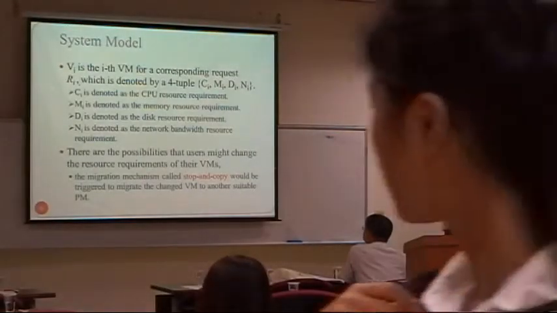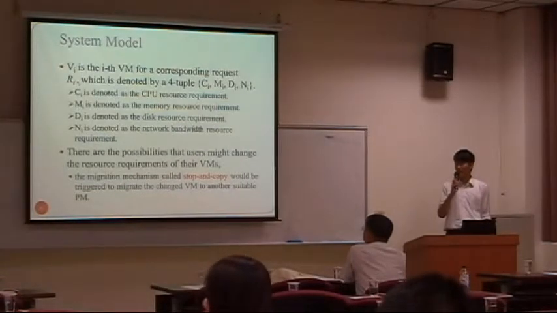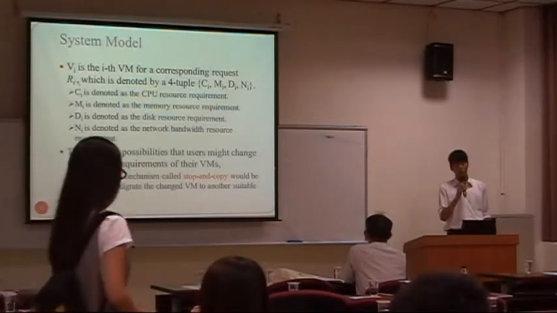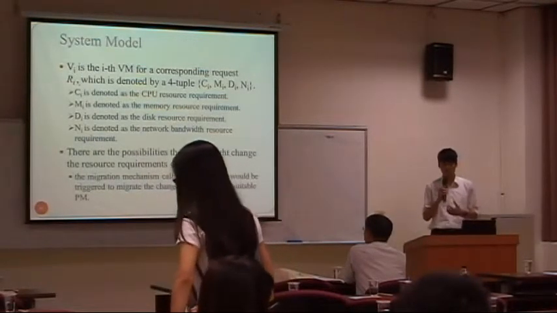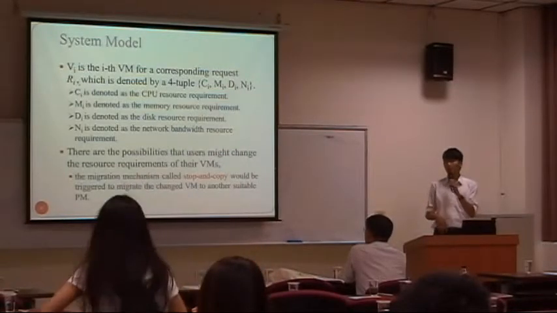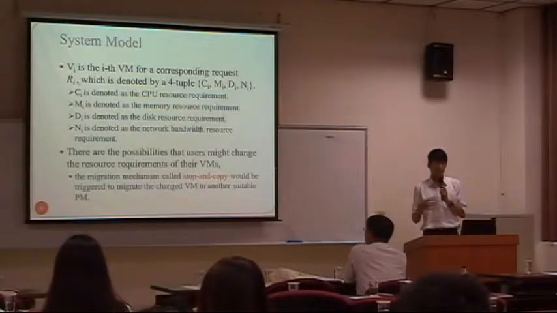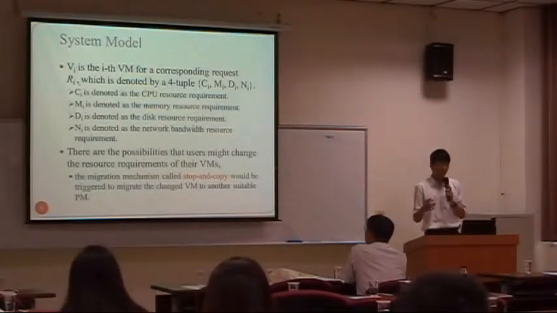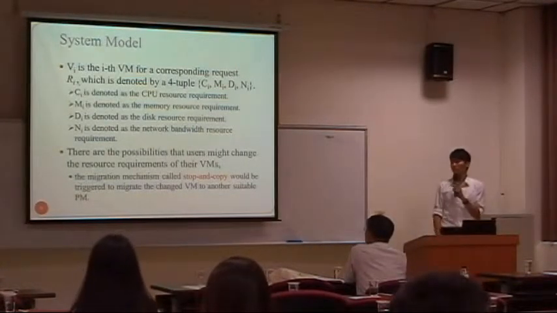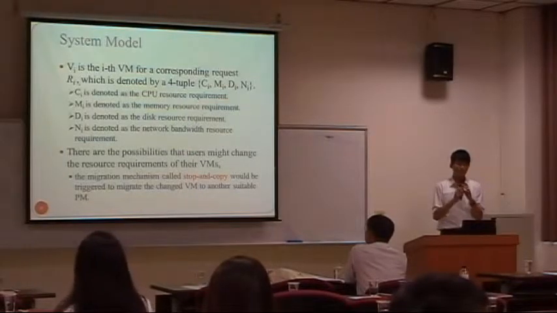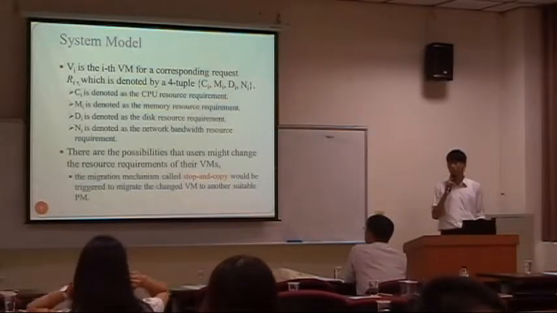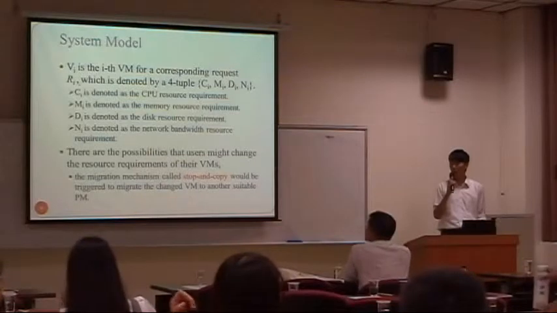There are possibilities that users may change their resource requirements. This may cause the original physical machine to be overloaded, so it may trigger the migration mechanism. Here we use the stop and copy migration mechanism.